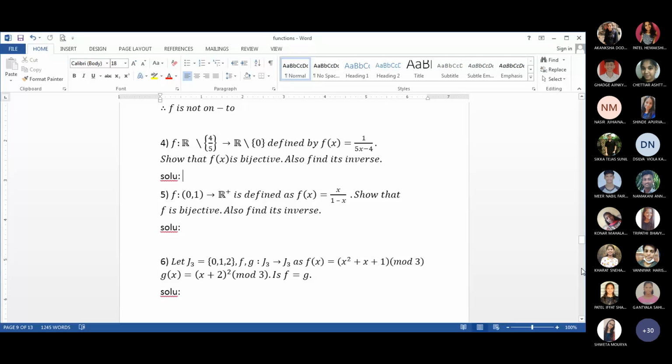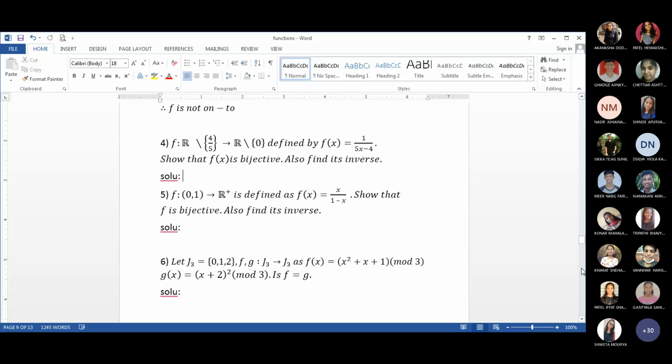अगर उसमें तुम x को 4 upon 5 लोगे तो फंक्शन का वैल्यू क्या मिलेगा? x को मैं 4 upon 5 लेता हूं, मेरा फंक्शन इज डिफाइंड एज 1 upon 5x minus 4, तो मेरे को f of 4 upon 5 कितना मिलेगा? 0.